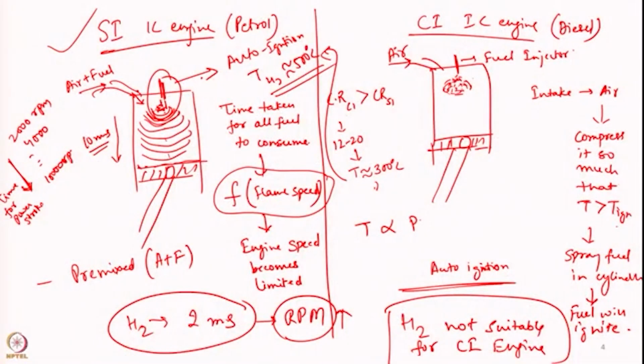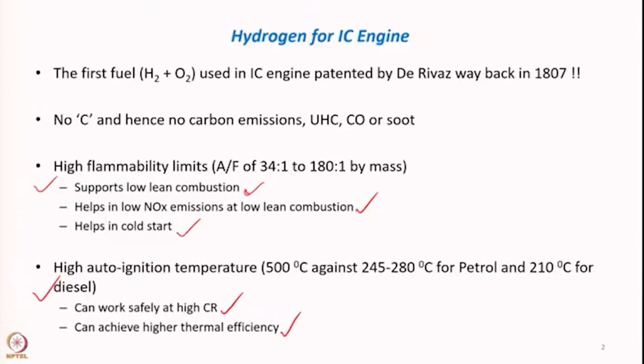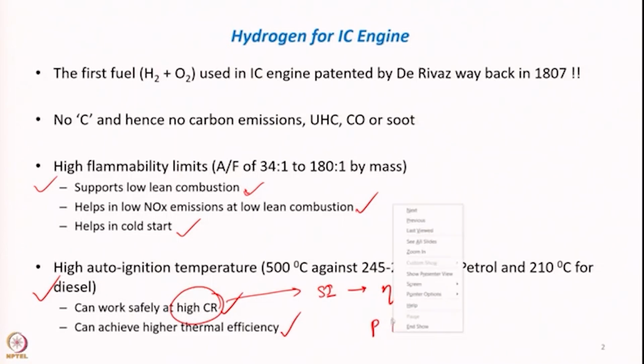But what happens at this particular point is that we can increase the compression ratio of an SI engine so that efficiency gets increased. Why? Because when we increase the pressure, our temperature increases, and when our temperature increases, our thermal efficiency increases as per the second law of thermodynamics.